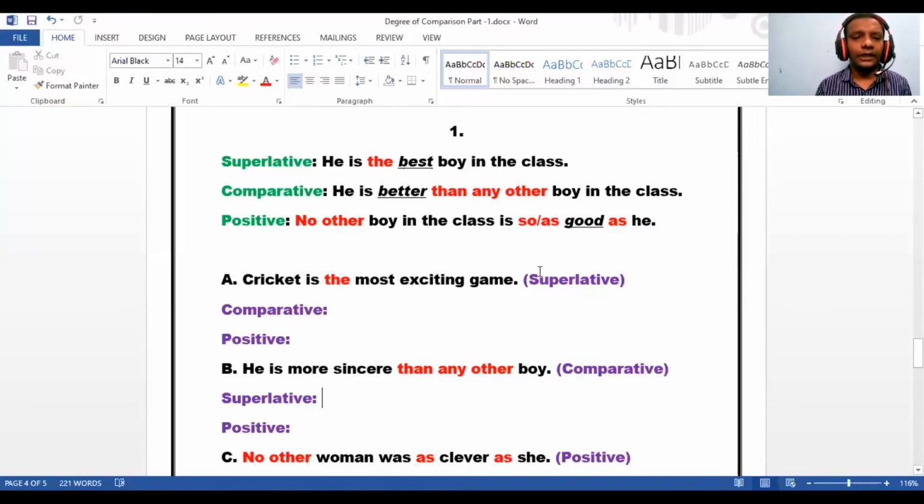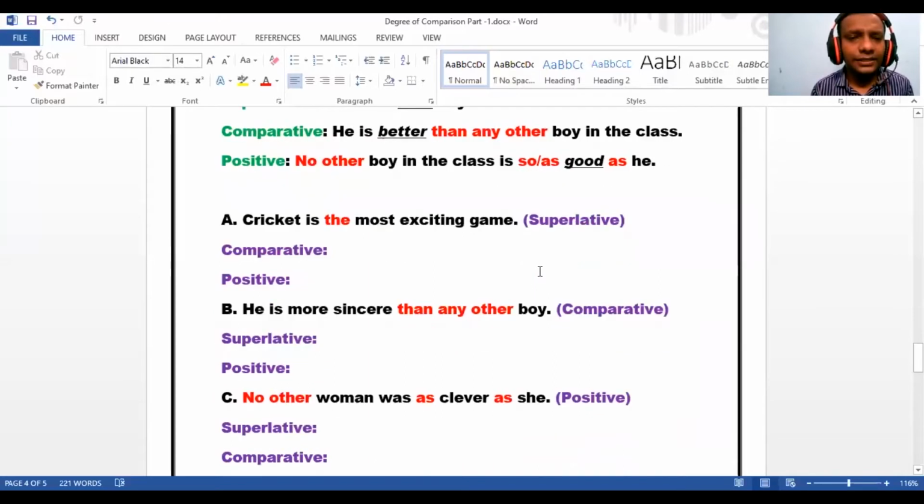Here I have given you a sentence: Cricket is the most exciting game. So you have the, I have colored the, and you have most exciting. And most exciting is superlative. So when we make it comparative, I will write cricket is, subject and verb. So look at the screen.